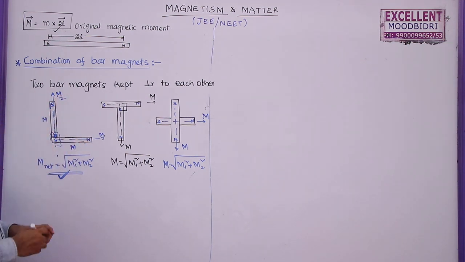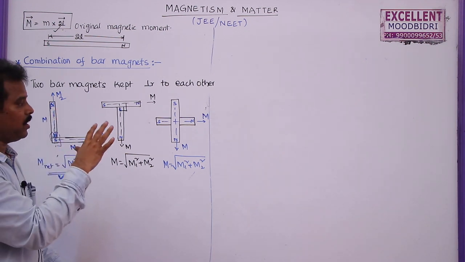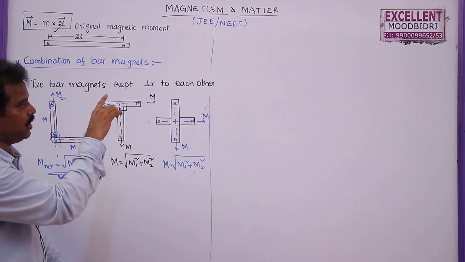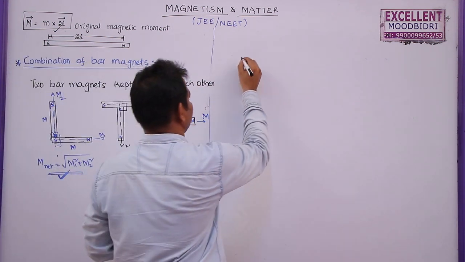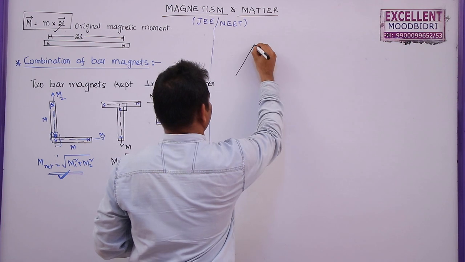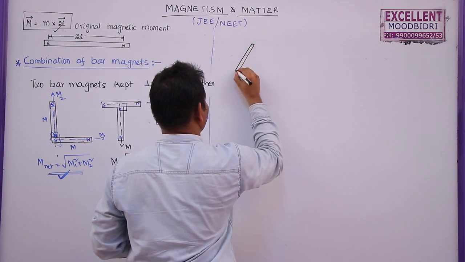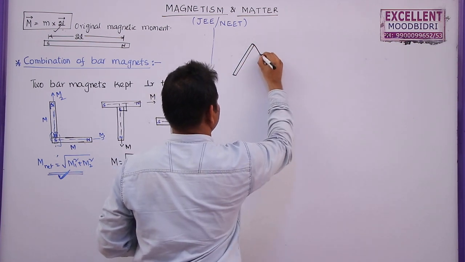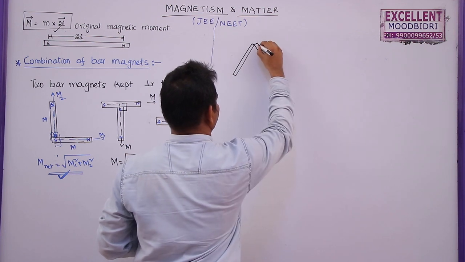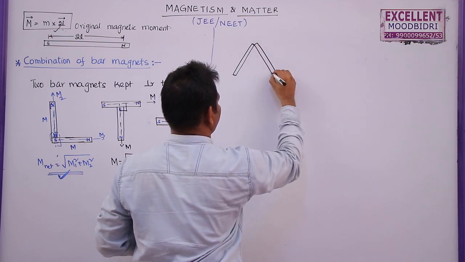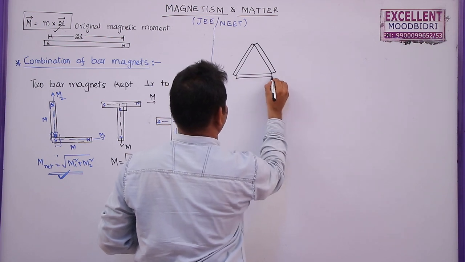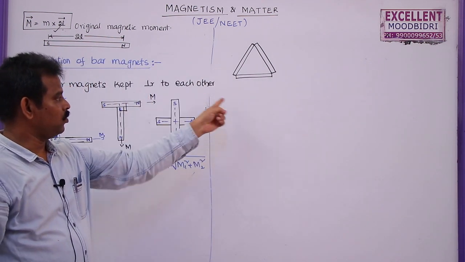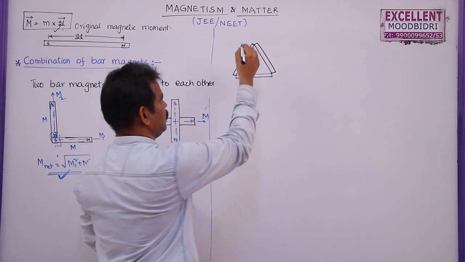Now, suppose if identical bar magnets are placed as a closed polygon, then what would be the magnetic moment? So here I am going to take, this is the first bar magnet, this is the second bar magnet, this is the third bar magnet. So three magnets are placed such that they form a closed polygon. So this is a triangle here.